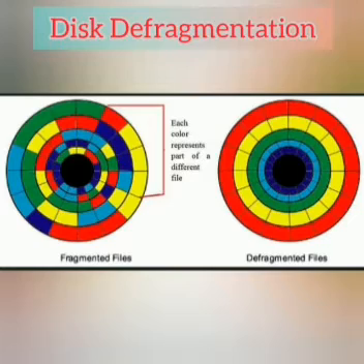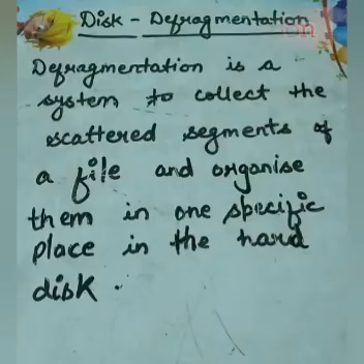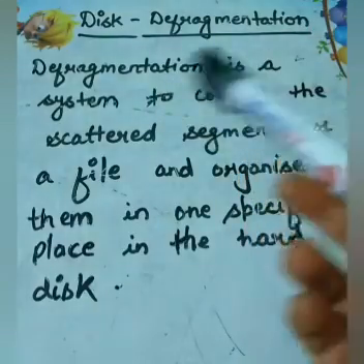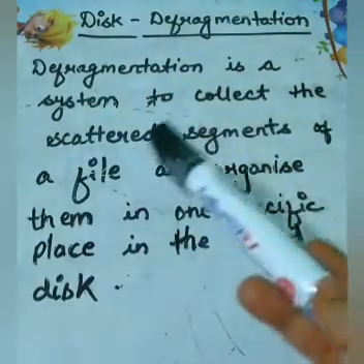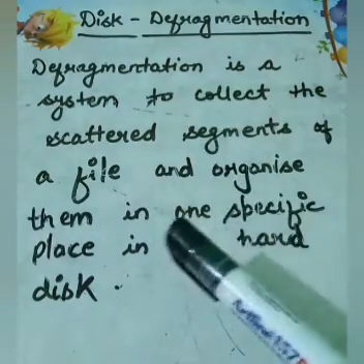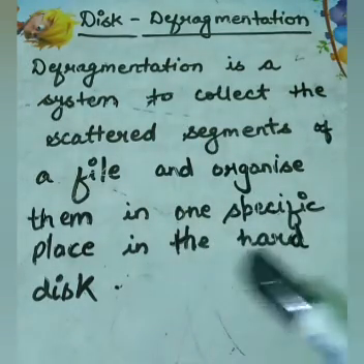Now, children, the defragmented file takes less time to execute information. To overcome the shortcoming of a fragmented file, defragmentation is used. Now, let's read the definition of disk defragmentation. Defragmentation is a system to collect the scattered segments of a file and organize them in one specific place in the hard disk.